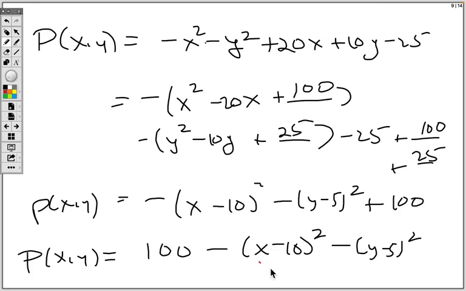Because regardless of what x and y are, you're going to subtract 10 and then you're going to square it. You're going to subtract 5 and then you're going to square it. So this number here is either always positive or 0. And this number here is either positive or 0. We're subtracting these things from 100. So the maximum this could ever be is when both of these things are 0, because we're subtracting the least amount of stuff away from 100, namely we're subtracting nothing away from 100.